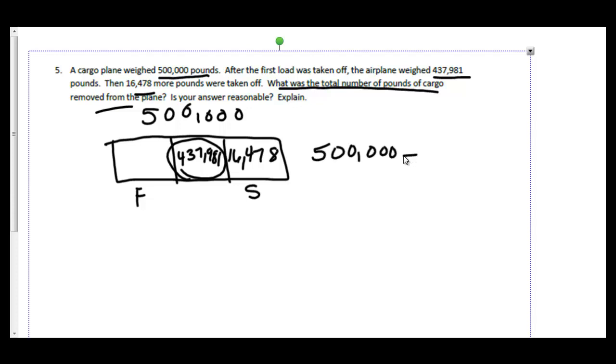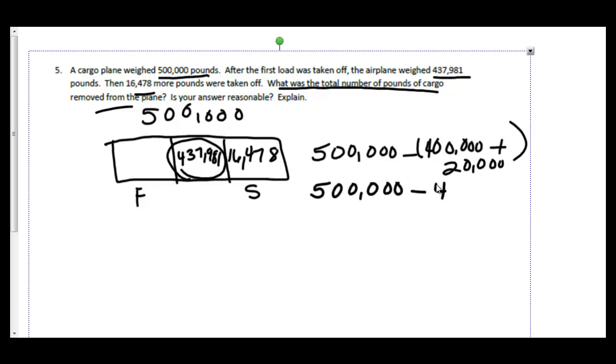I'm going to subtract 400,000 plus, and this is 16,000, that rounds to 20,000. So I've got 500,000 minus 400,000, and that leaves 80,000. So that means that F was about 80,000.